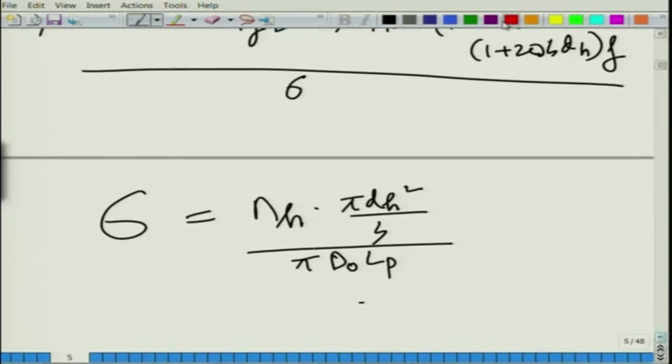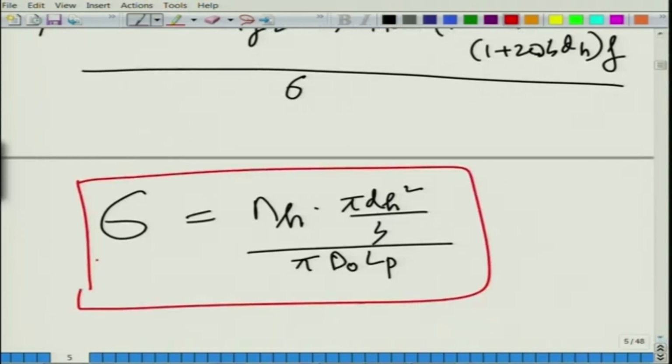So, this is the porosity, and clearly if the numerator, the total area covered by the holes, is significantly large compared to the curved surface area, then porosity is more. Typically we do not have porosity greater than 0.3; it is always less than 30%.